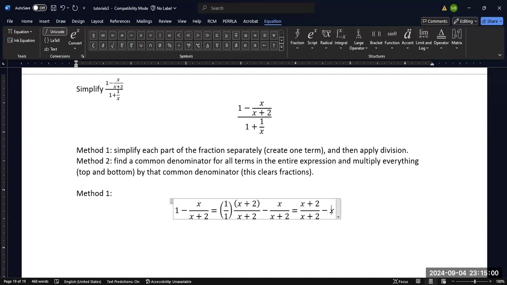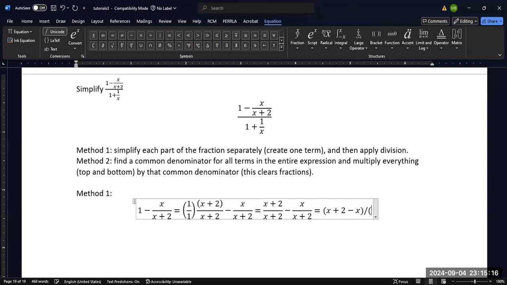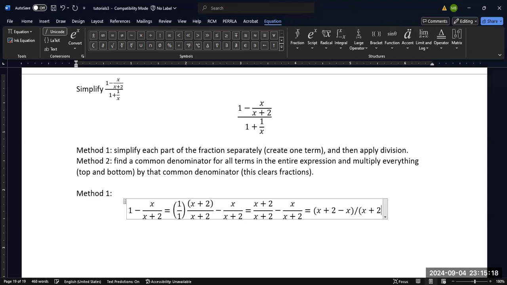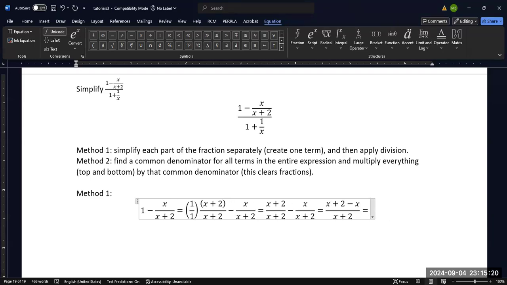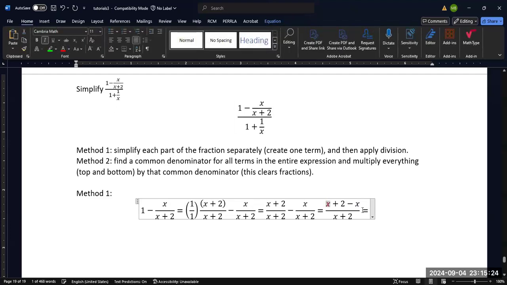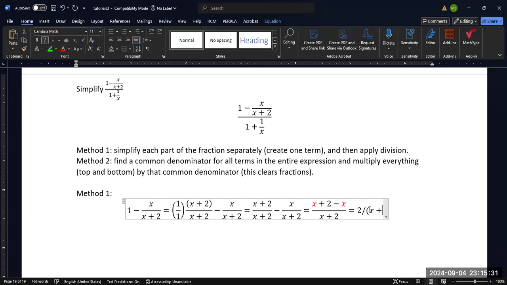And then I'm going to subtract the second term. When I combine these into a single fraction, I'm going to subtract in the numerator. So this will become x plus 2 minus x over the common denominator, x plus 2. And then my x and minus x are going to cancel. And that's going to leave me with 2 over x plus 2.